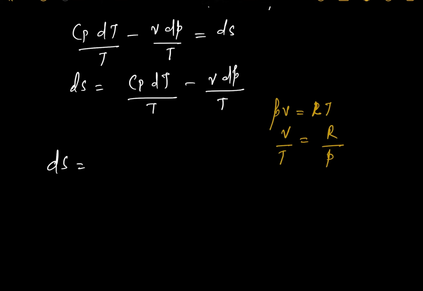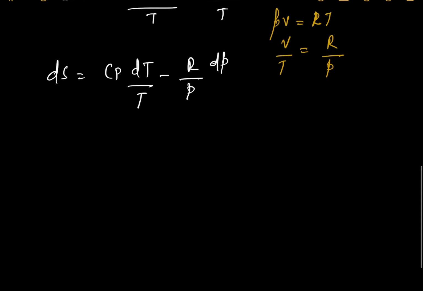We'll get dS equals Cp dT by T minus V by T, that is we are replacing it by R by P, into dP. Now let's integrate both sides of the equation from state 1 to state 2.